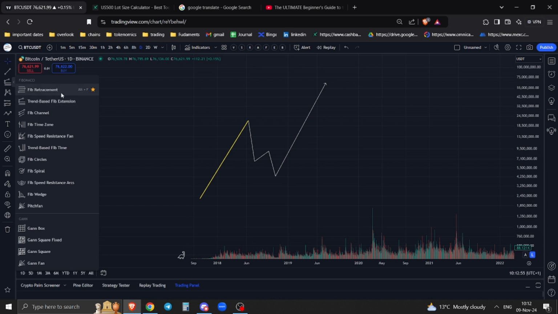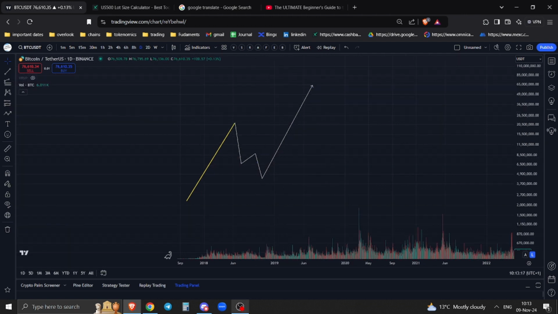Last time we talked about Fibonacci retracement and showed how retraces can be bought or sold to get a better price than the previous move. Now we want to determine how far the move we entered might go. So let's begin.